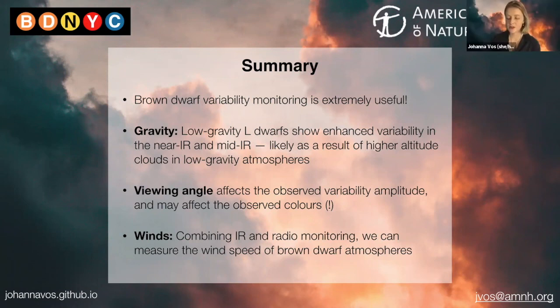Yeah, that's a good question. To measure the wind speed, we needed a radio emitter. So we had a list of pulsed radio emitters. And in order to measure the best rotation period, honestly, the fastest rotation period is best. And the T dwarfs are rotating faster than your average L dwarf.